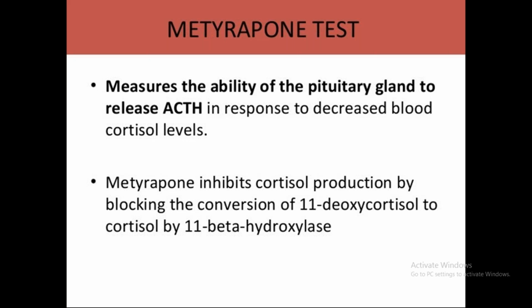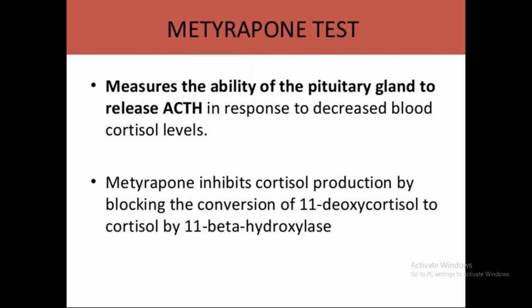Whenever blood cortisol levels decrease, adrenocorticotropic hormone is released from the anterior pituitary gland and acts on the adrenal gland to facilitate release of cortisol. Whenever cortisol levels are very high, cortisol itself will inhibit the adrenocorticotropic hormone.